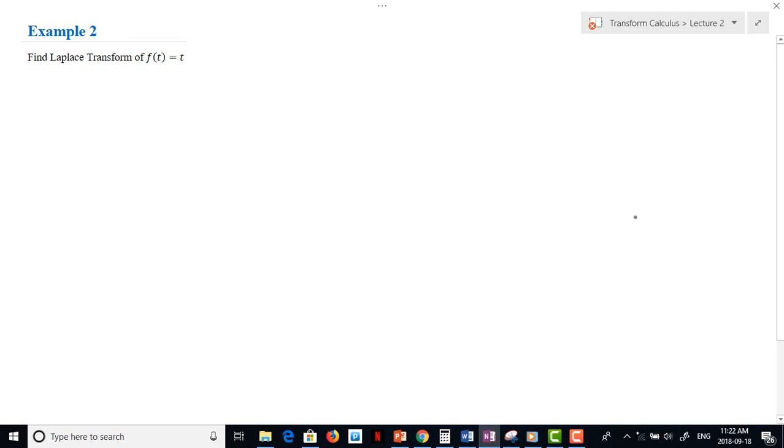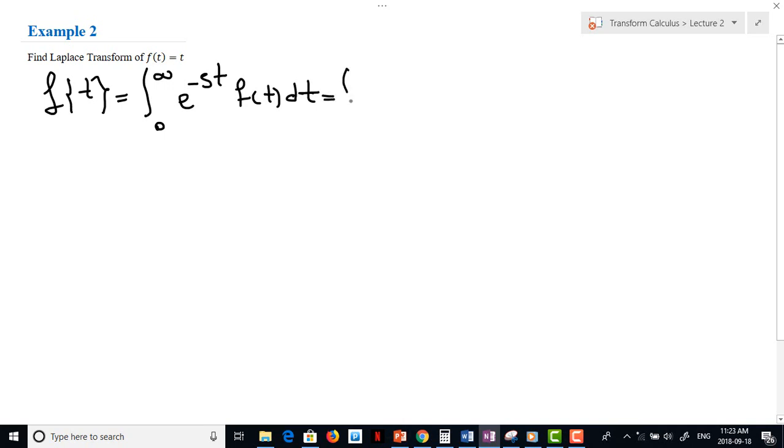If you want to find the Laplace transform of a function, I already said that we have to apply the definition of the Laplace transform. So the Laplace transform of t is equal to, based on the definition, the integral from 0 to infinity of e to the power of minus st f(t) dt.